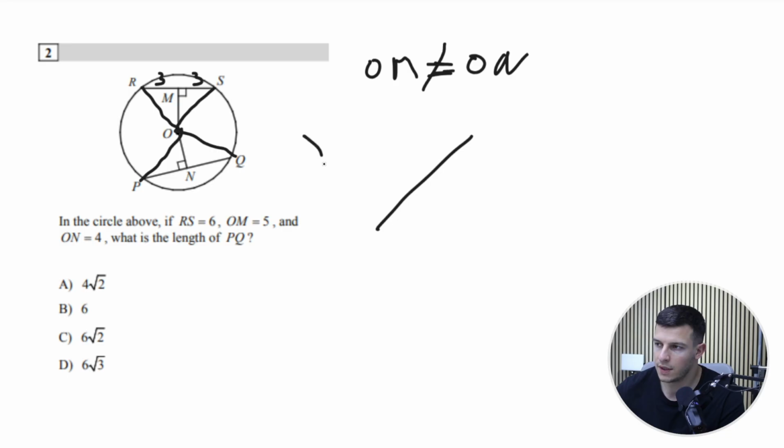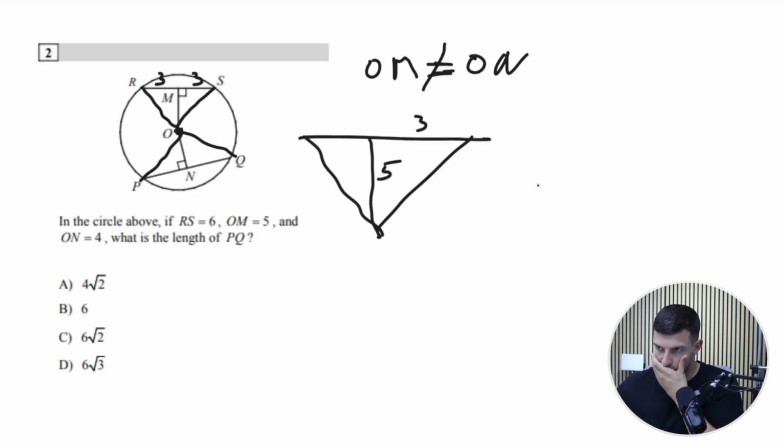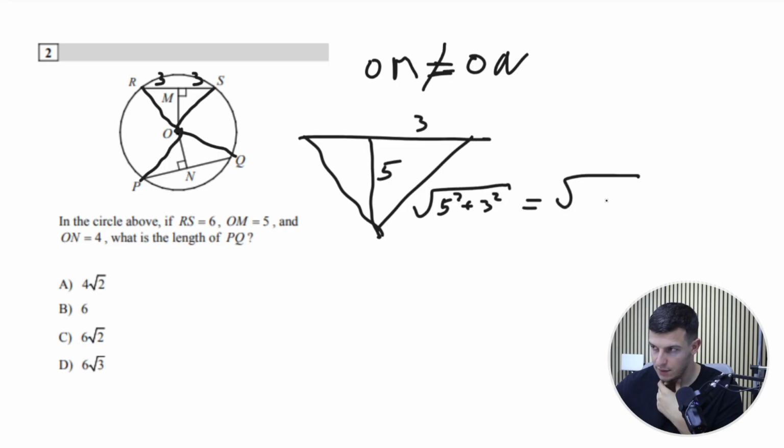So I've got a triangle. This is 3. OM is 5, right? So we can find OS, which is our radius. This is going to be the square root of 5 squared plus 3 squared, which is 25 plus 9, 34. Not a nice number, but let's leave it for now.